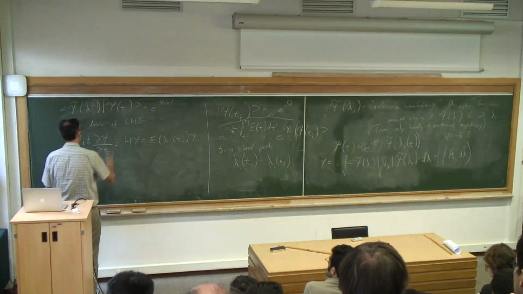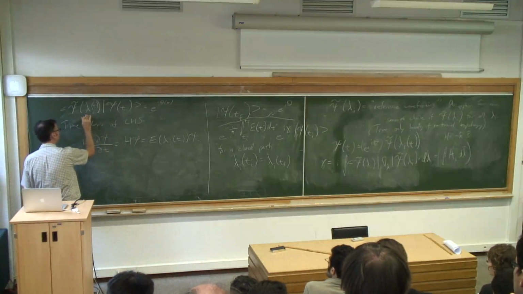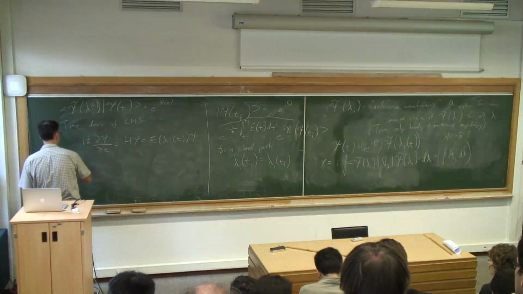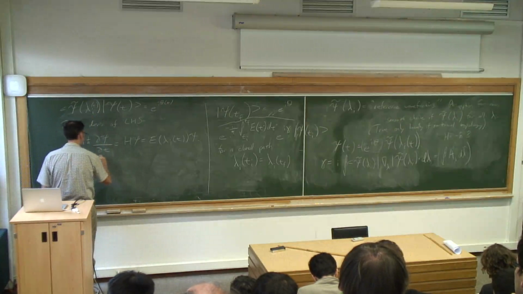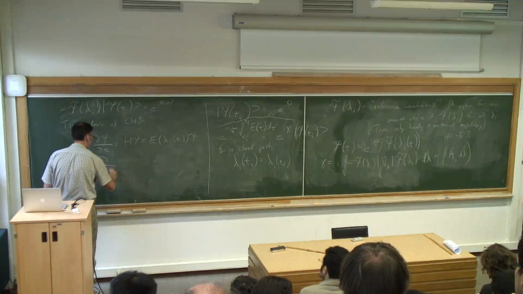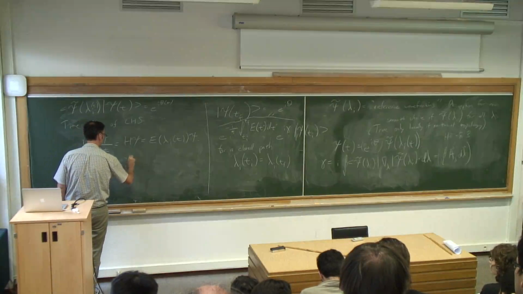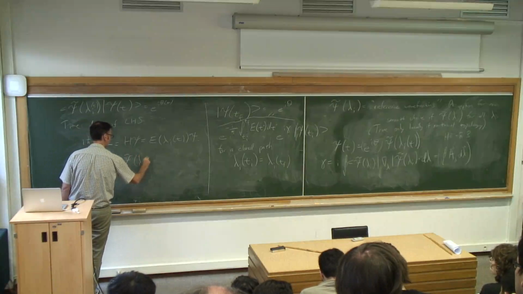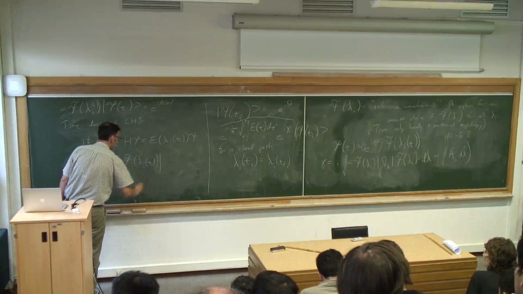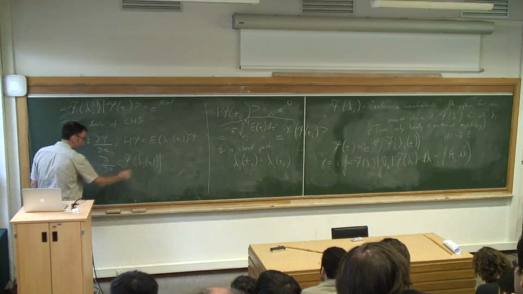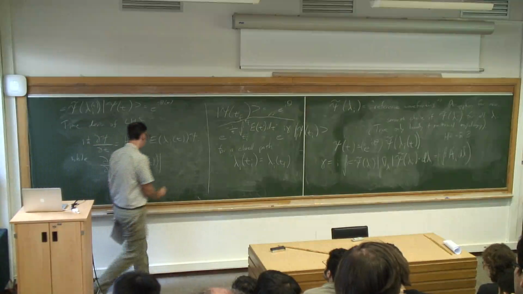And then there's a second part, which is how is this changing? So the time derivative of the bra here, that time derivative is only coming through the fact that these parameters are changing in time.